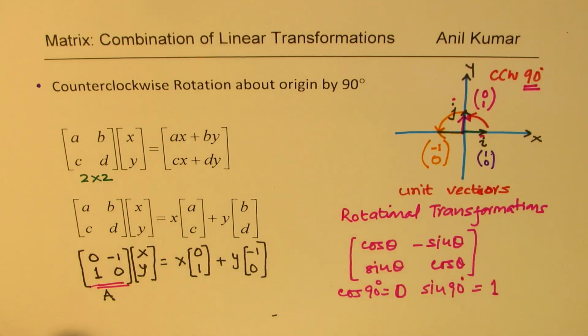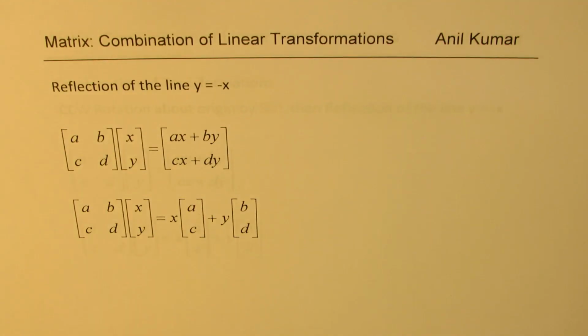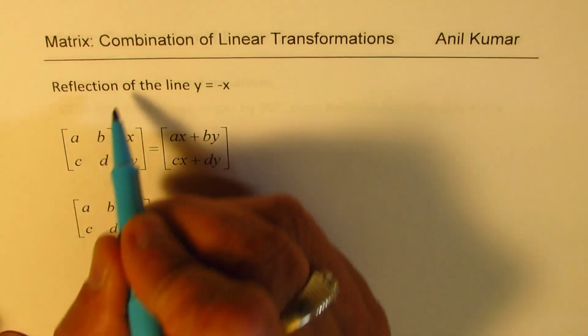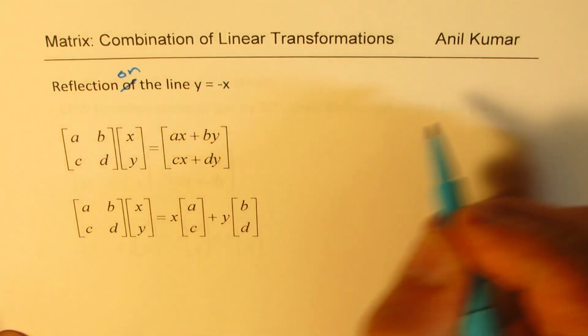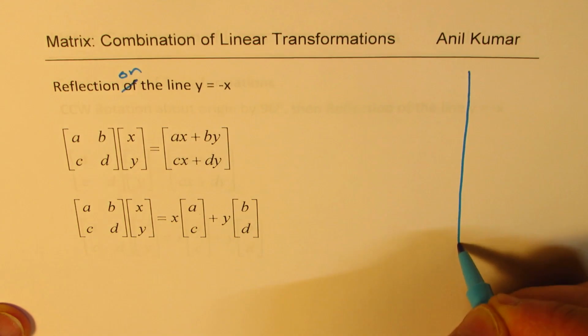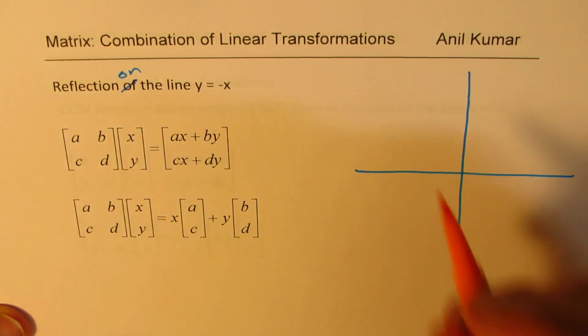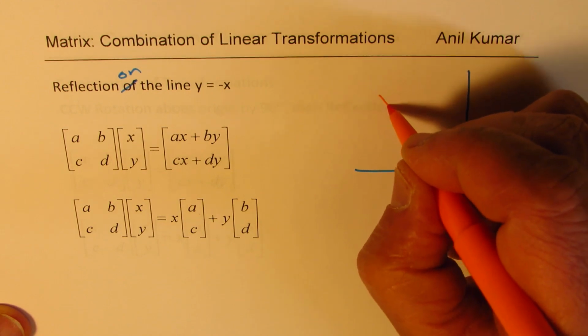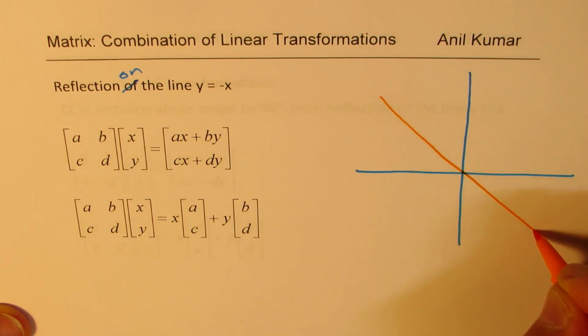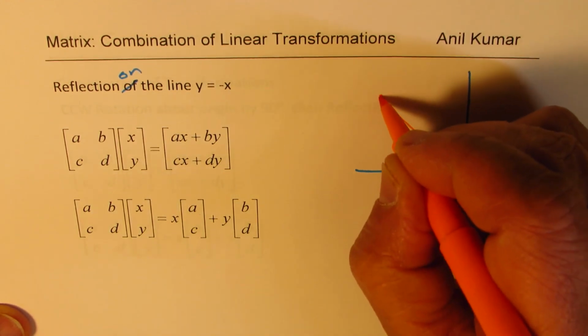Okay, so let's move on and look into the second transformation, which is reflection on the line y equals -x. So now we're talking about a reflection on a line which is diagonally crossing the coordinates, correct?